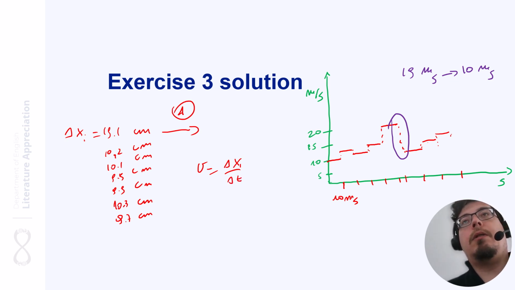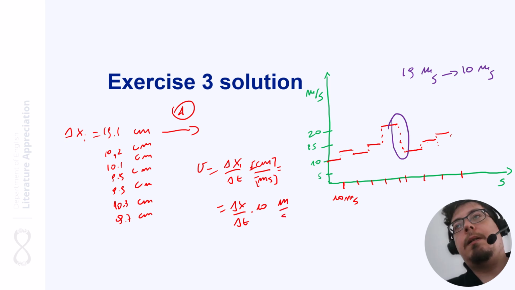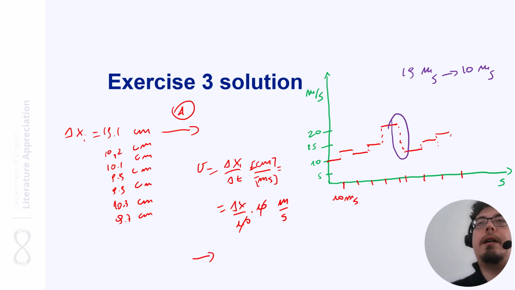So if we convert centimeter into centimeter over milliseconds, which is delta x over delta t, in meter per second we need just to multiply by 10, but we know that delta t is 10 again, so these two simplify luckily, and we can use this formula to have our velocity.